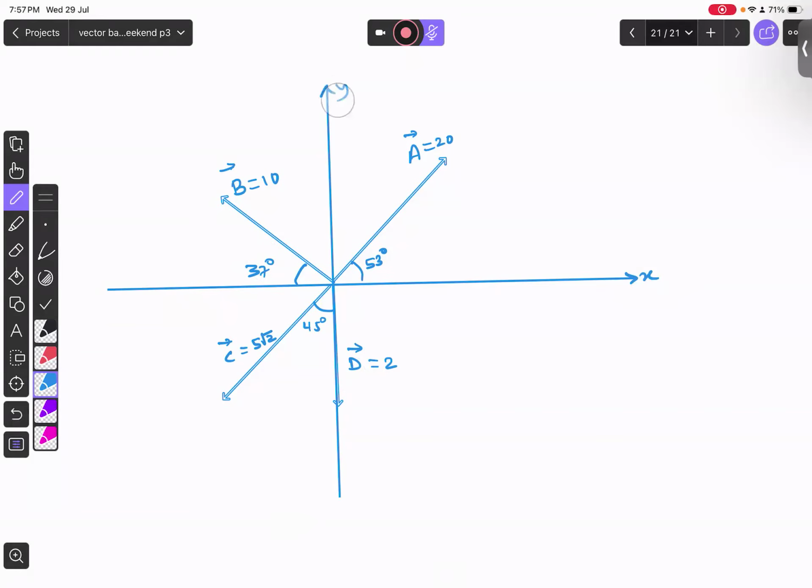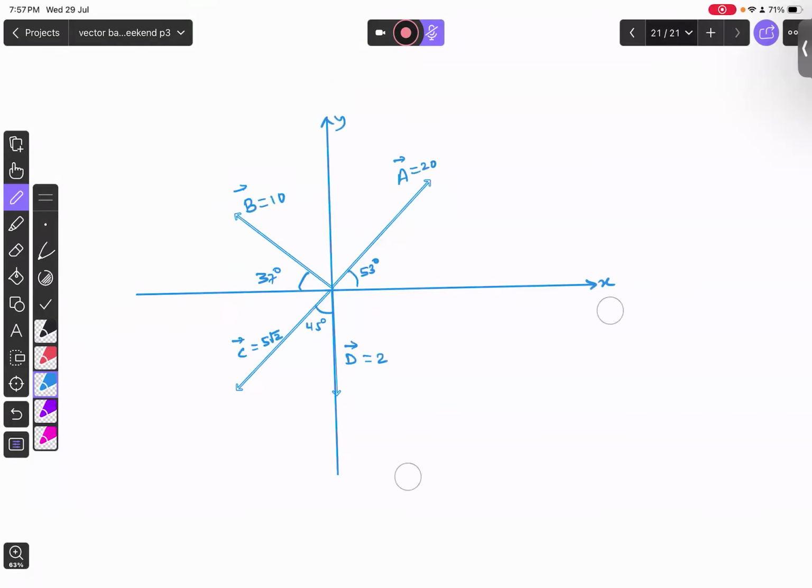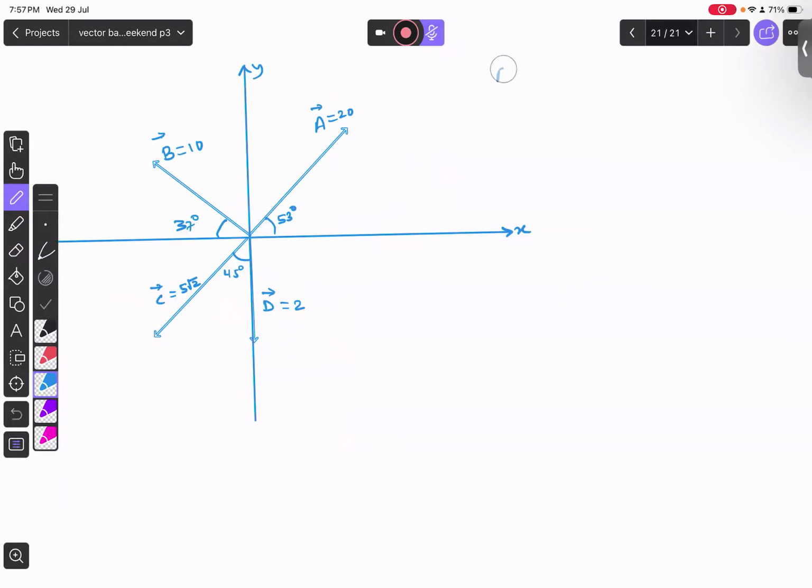So do one thing, find every vector in terms of its components and then figure out A plus B plus C plus D. The first job is you find A, B, C, and D, all of them in terms of their components, or you write them in i cap and j cap form.